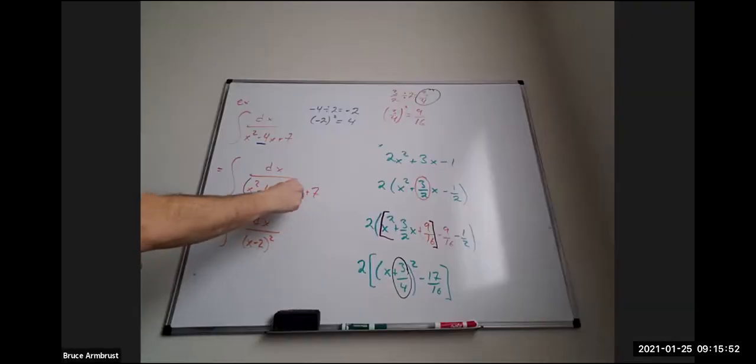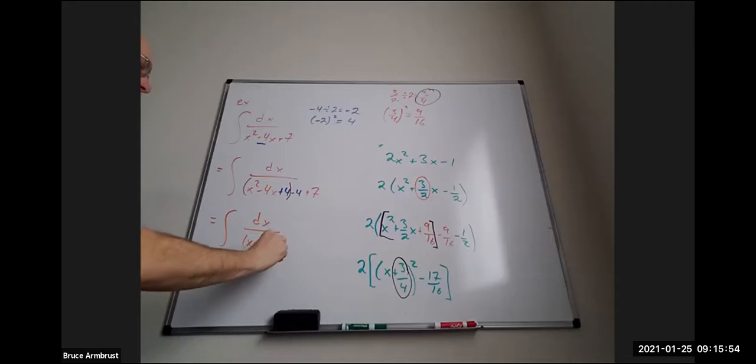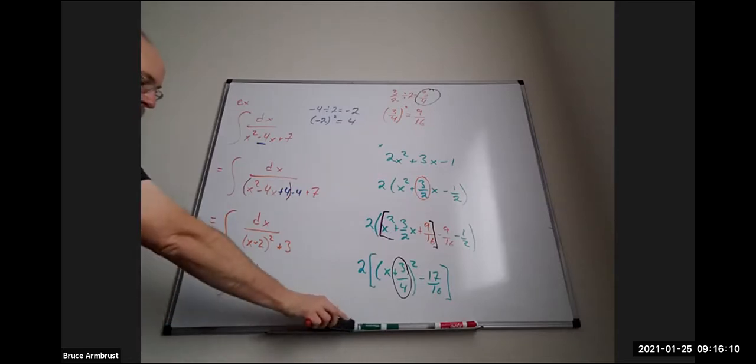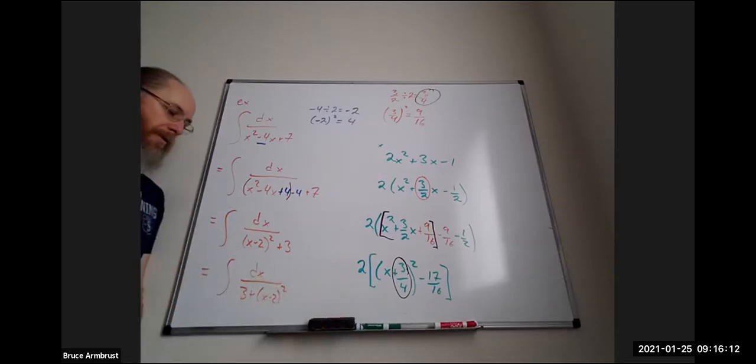And then, of course, 7 minus 4, that's 3. So let me just rewrite this real quick. I'm going to switch the order because I think it'll be a little bit easier to see. So we've got dx over 3 plus x minus 2 squared.